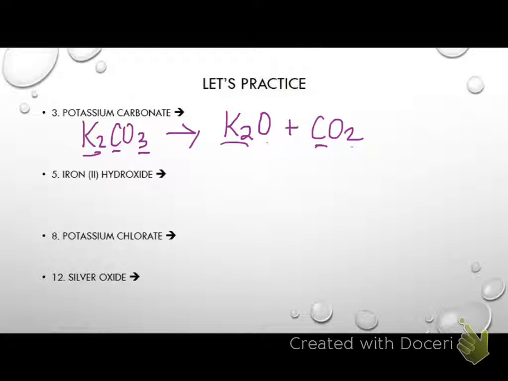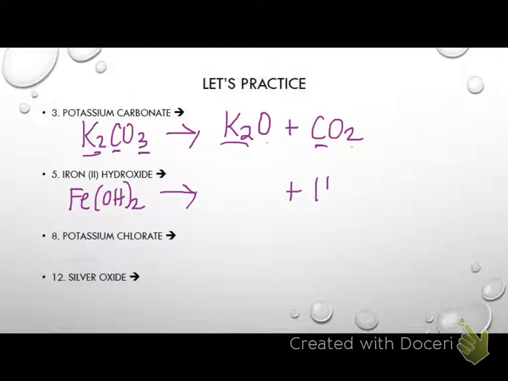Okay. Next one is iron 2 hydroxide. Remember that 2 is telling you that it has a +2. So we would write this as Fe(OH)2. And then we would break it down. If you go look at your list, it tells you a metallic hydroxide decomposes into a metallic oxide plus water.